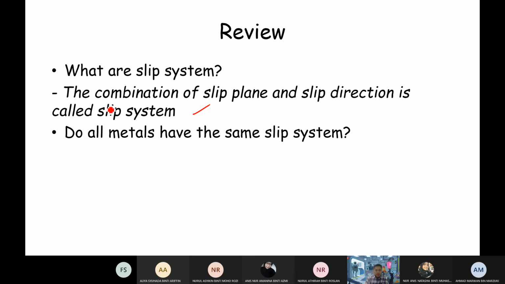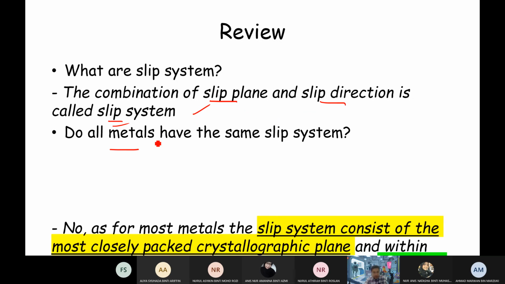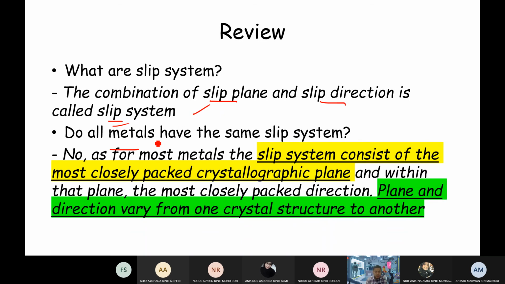Do all metal have the same slip system? The answer is no, because for most metal, the slip system consists of the most closely packed crystallographic plane, and within that plane, the most closely packed direction. Plane and direction will vary from one crystal structure to another.